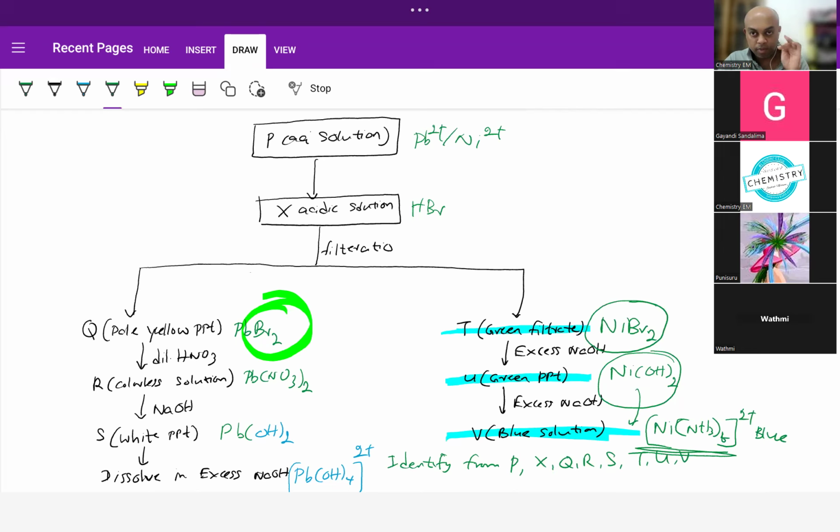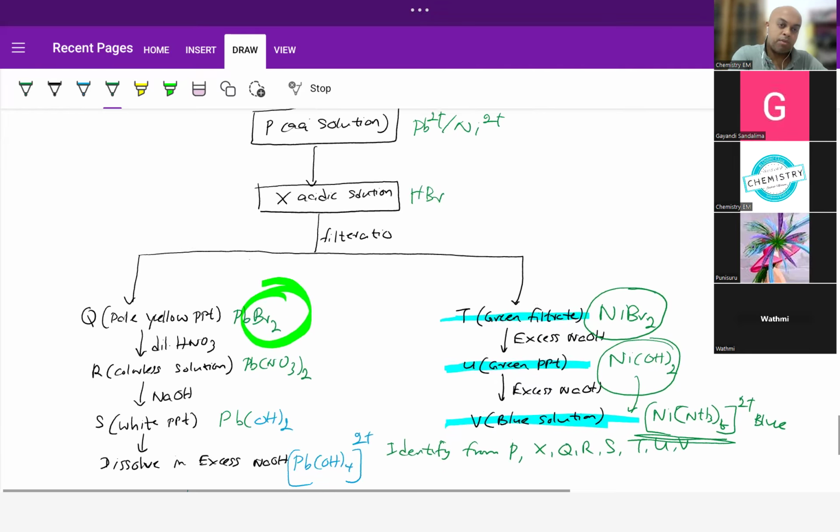It is creating a white hydroxide precipitate, and it is dissolving in excess hydroxide, which is creating a colorless solution, right? So this is how you identify these two things. Any questions on this one?